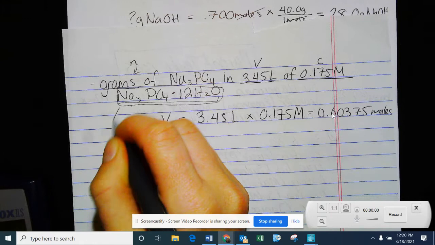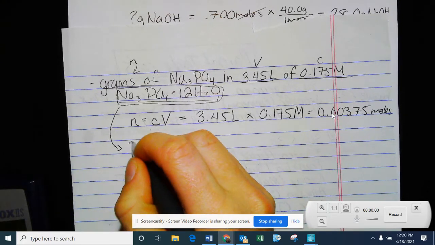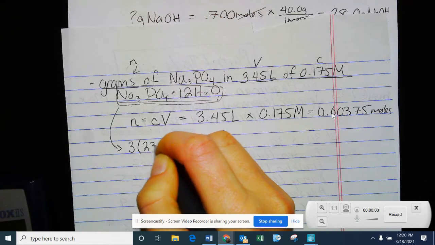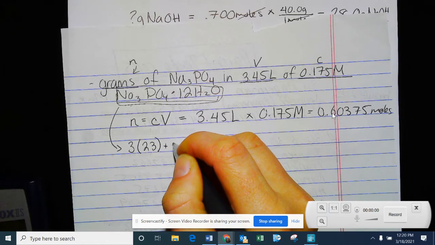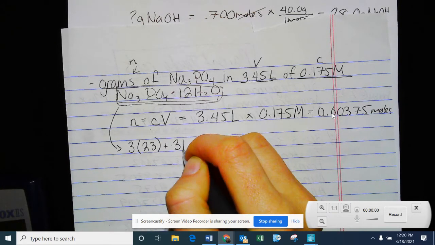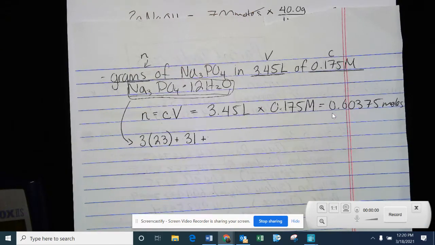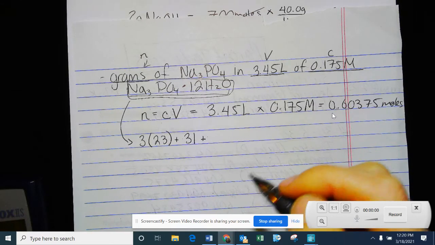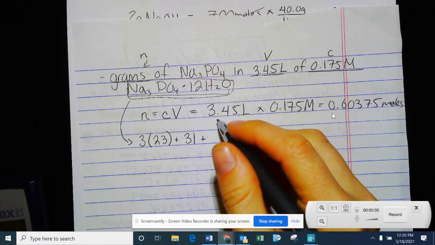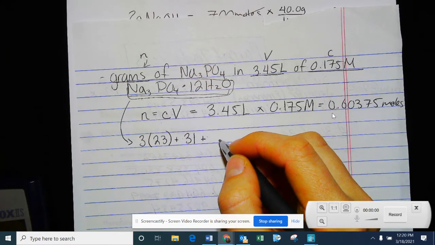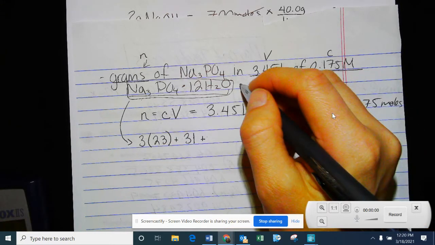Okay, so we've got sodium, 3 sodiums. So I'm going to go 3 times, what's sodium? 23. Plus phosphorus, which is 31. Yeah. It should be 380, I think. Yeah. So that's what I got, was 380.